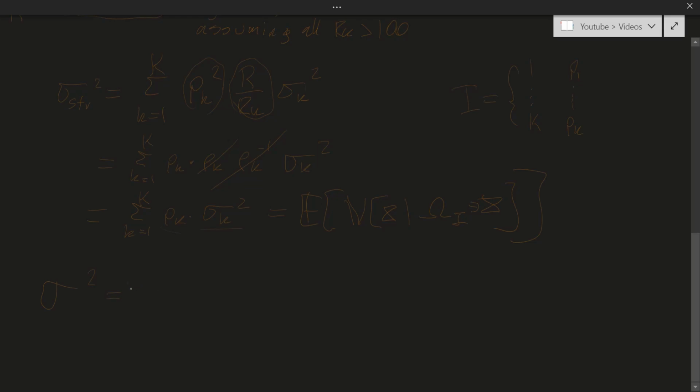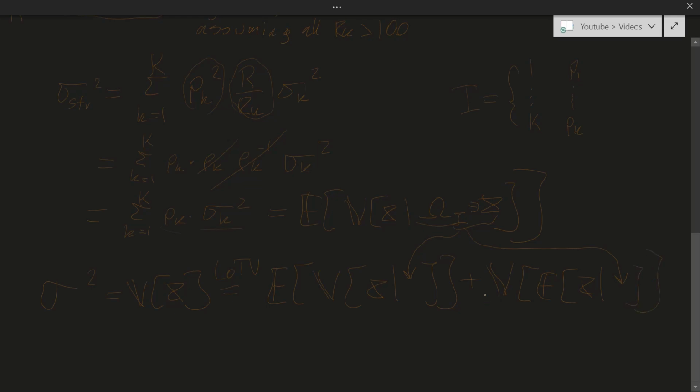And, well, we can write the actual variance, or the crude Monte Carlo variance. We write this as the variance of X, which, using the law of total variance, is equal to the expectation of the variance of X given I plus the variance of the expectation of X given, and it's not given I, it's given this, sorry.